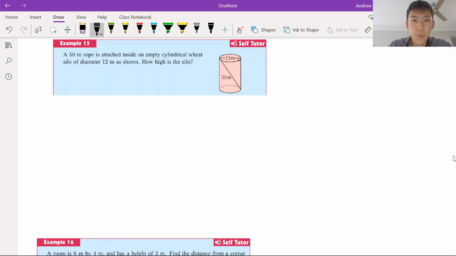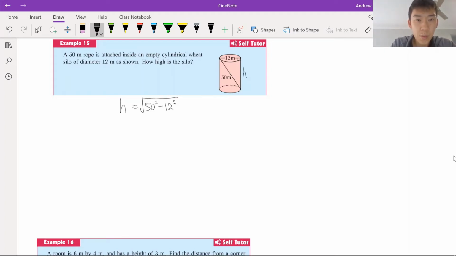Okay, well, we want the height. Let's do h for height. And we see that they've already labeled it for us, so this one's pretty straightforward. So let's use Pythagoras theorem. Let's just go straight to h because we've done it enough times. This is one of the shorter sides, so we have to start with the hypotenuse. So 50 squared take 12 squared.